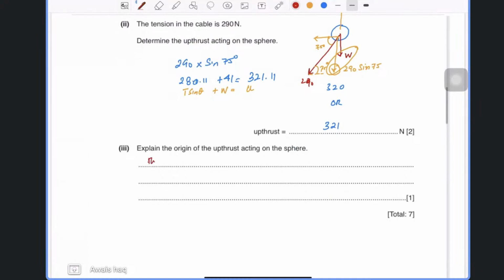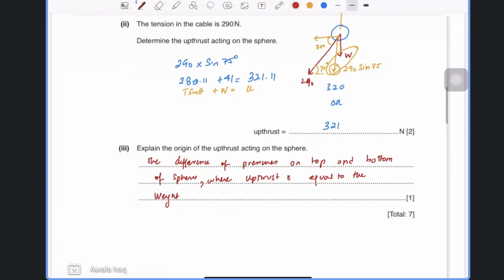Obviously it is the difference of pressures on top and bottom of the sphere, where upthrust is equal to the weight of water displaced, right?